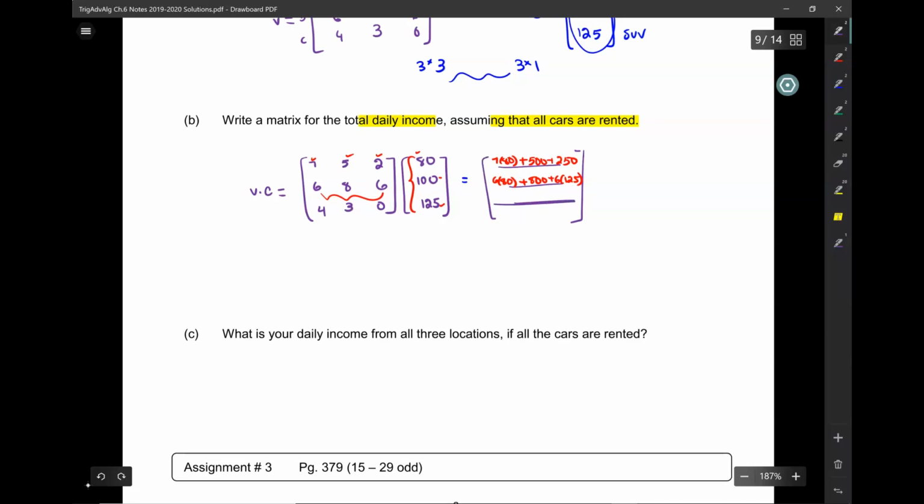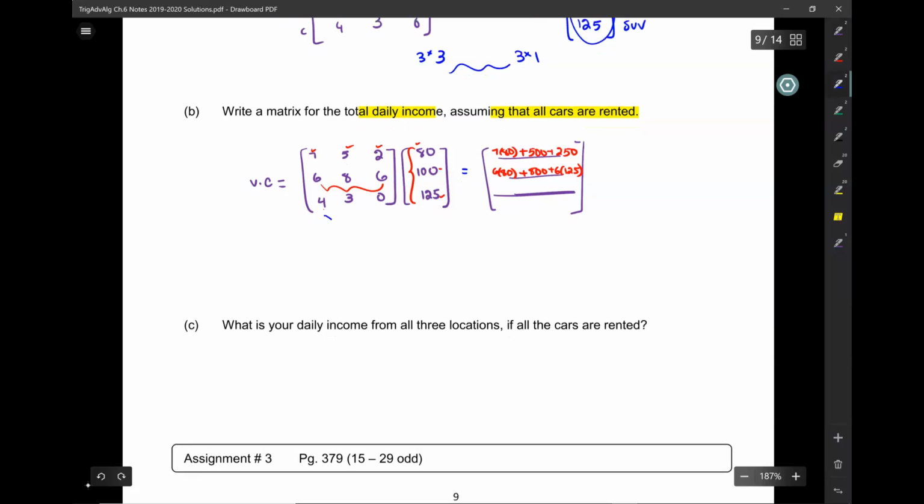Last but not least, this one, 4 times 80 plus 3 times 100 plus 0 times 125. Gotta love those zeros, man.